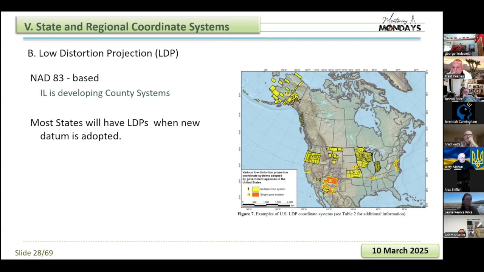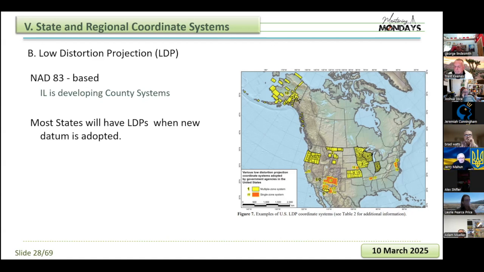So you can't convert any positions that are in state plane or UTM using NGS software into our county coordinate systems because they're not supported by NGS. Under the new datum, they will be adopted and supported by NGS. So then there'll be transparent conversion of coordinates between all these different systems, including the county systems.